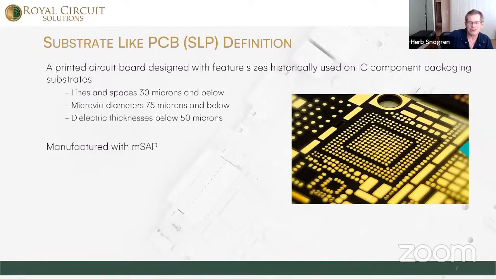And these are printed circuit boards that now are using features that were previously used on IC substrates. So they typically have lines and spaces below 30 microns, smaller via diameters, sub 75 micron via diameters, and dielectric thicknesses that are below 50 microns. And right now in Asia, these are being manufactured with the modified semi-additive process.